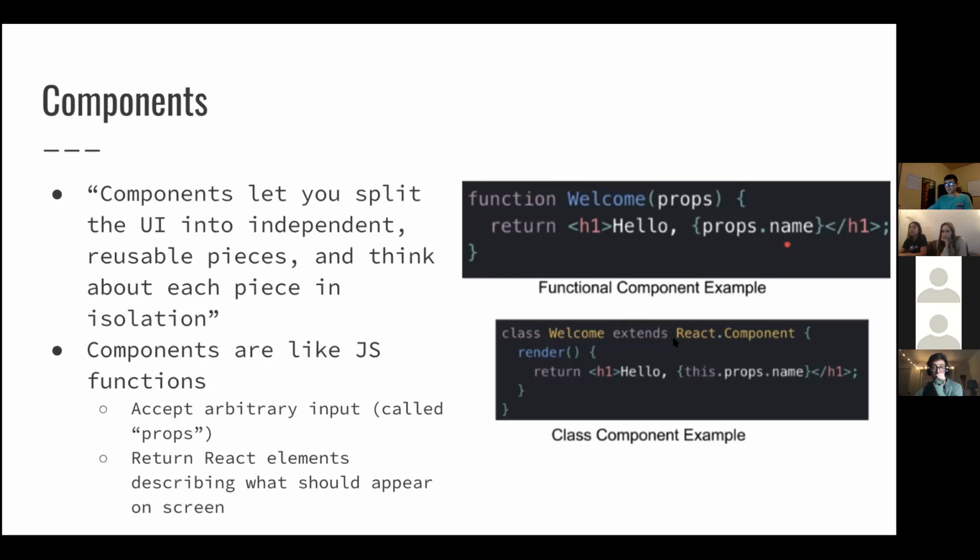Down here, you can see that it extends React.Component so that it actually is a class-based component, and it is doing something very similar in that it is returning some JSX output. And yeah, classes have some additional features that we'll probably discuss later.